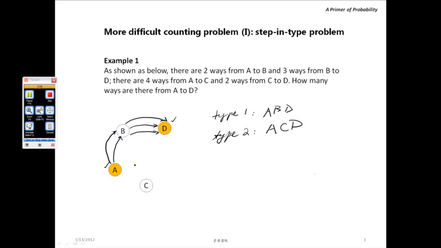In terms of type 2, ACD, we got from A to C is 4 ways, and from C to D is 2 ways.